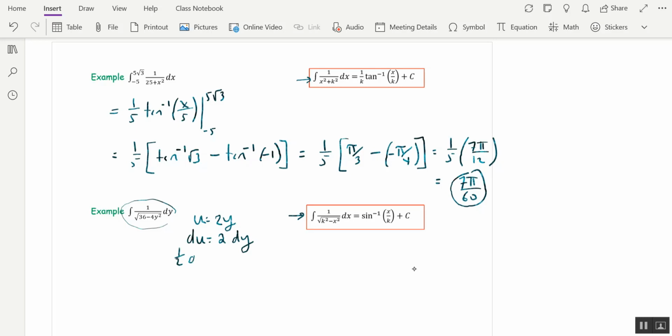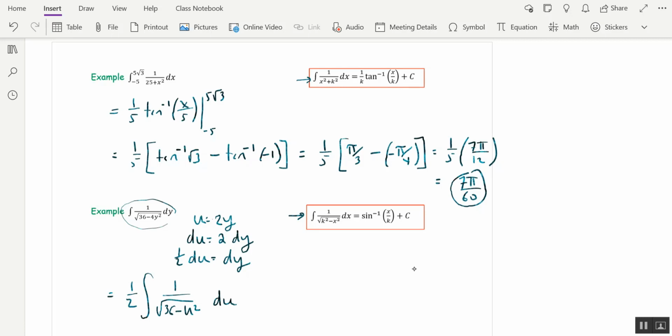So 1/2 du is dy. So my integral is 1/2, I'll pull that out front, du goes here, and what's left is 1 over the square root of 36 minus 4y squared, which is u squared. That's why I made that u sub.